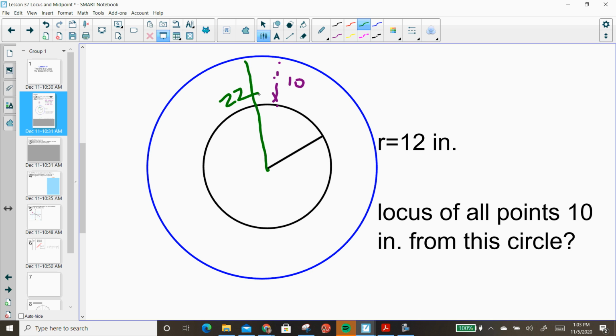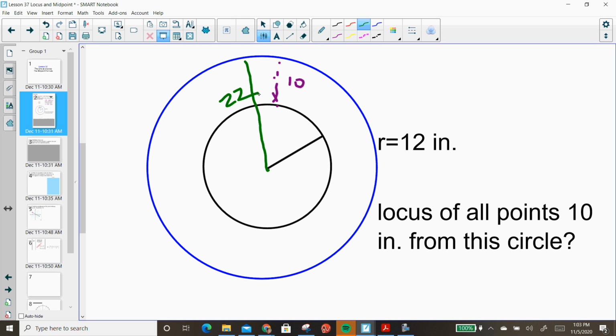Is that the only direction I could go on the screen and be 10 inches away from the circle? Is there any place else I could go? My original radius was 12. Is there any place else I could go and only go 10 inches away?